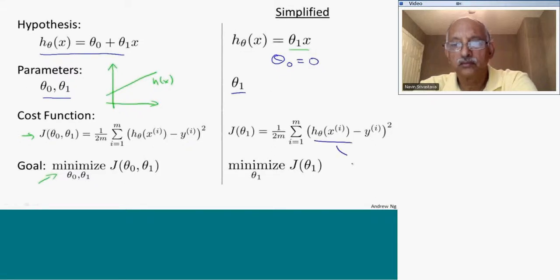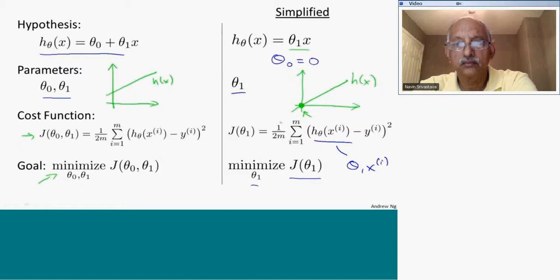And I will look at theta 1 as my only optimization parameter. What this means is that if theta 0 equals 0, that comes to choosing only lines that pass through the point 0, 0.